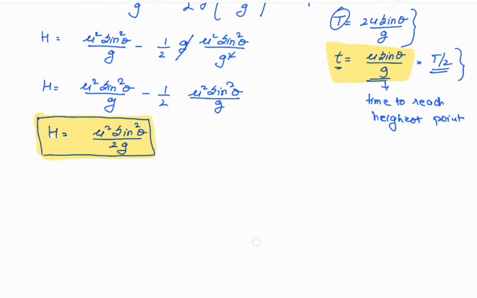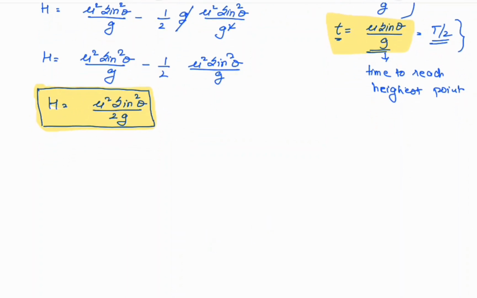Okay, now we will see the maximum value of range, and for what condition we are going to get a maximum range. So put the next heading: maximum range of the projectile. Okay, previously we have calculated the formula for the range as u square sin 2 theta divided by g.